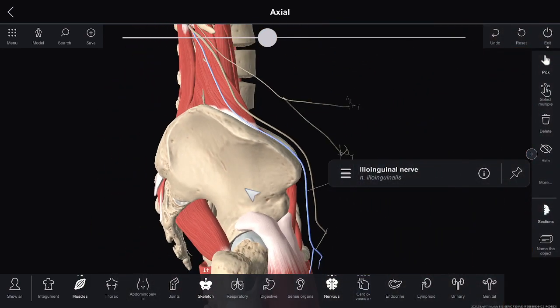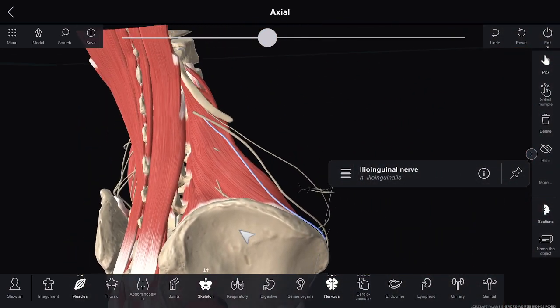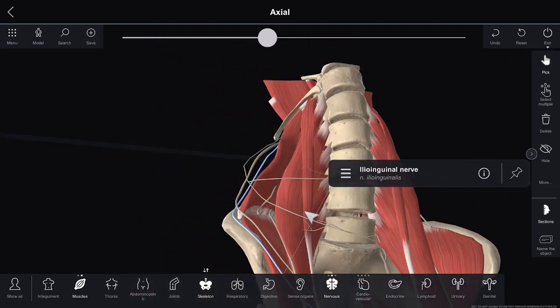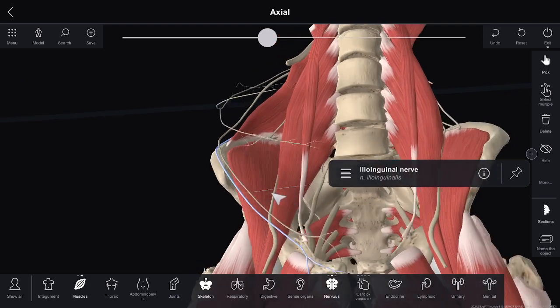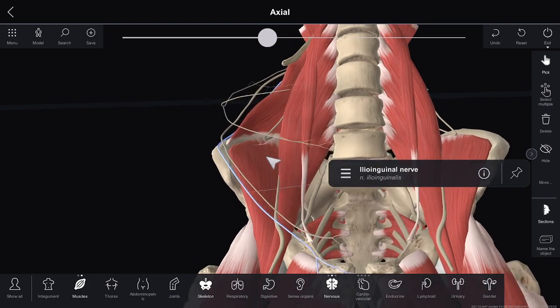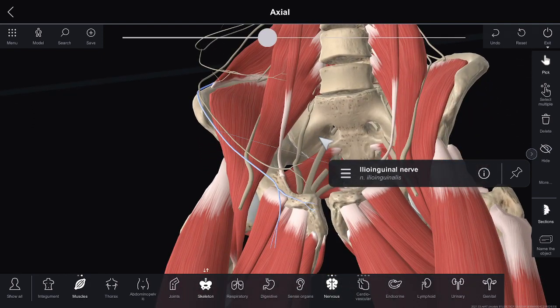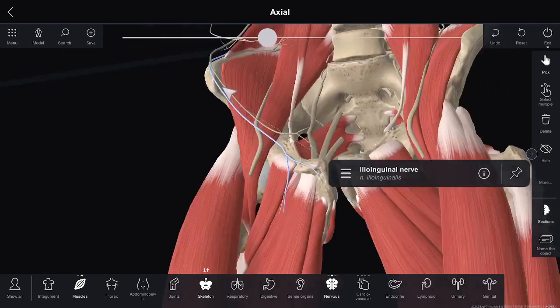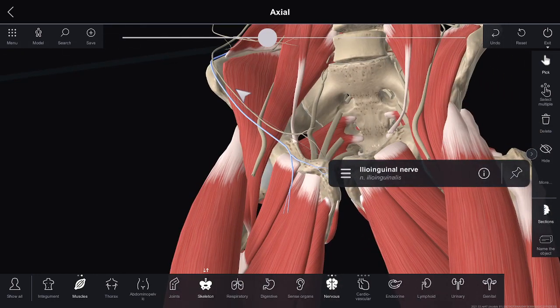We can see that they are parallel to each other. Nervus ilioinguinalis, which is blue, and iliohypogastric, which is yellow. They are parallel to each other. What next? Subcostal, iliohypogastric, ilioinguinal. What next?